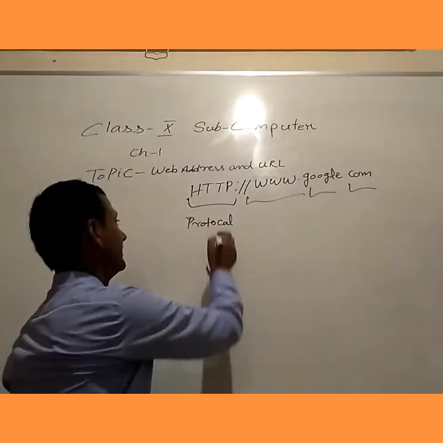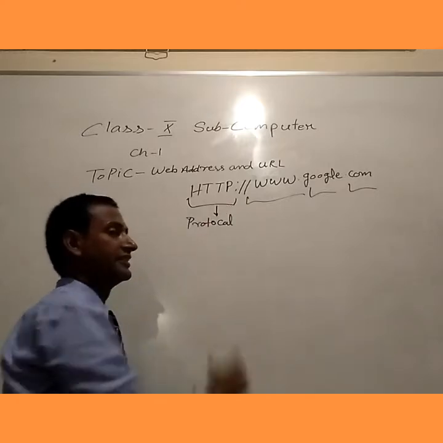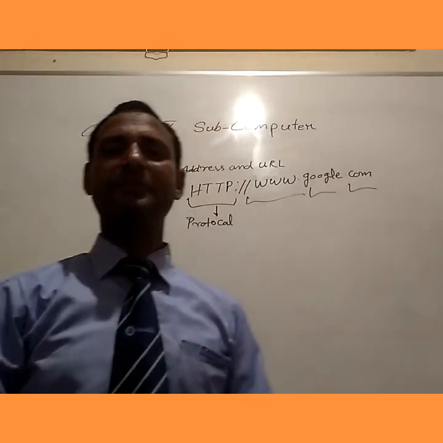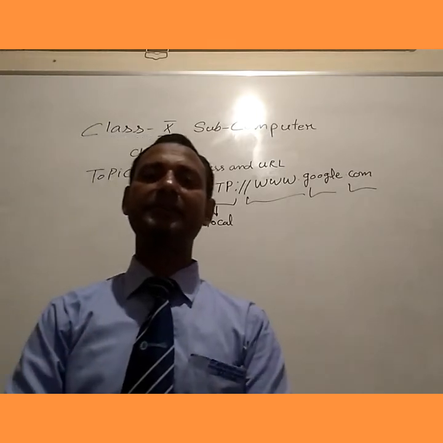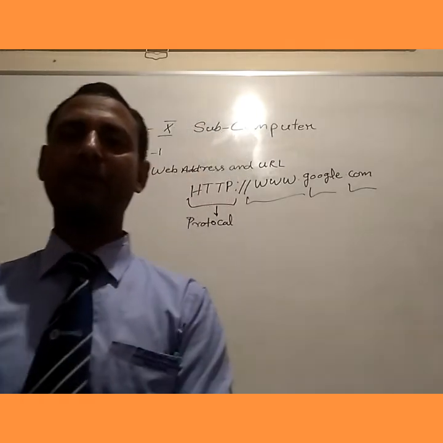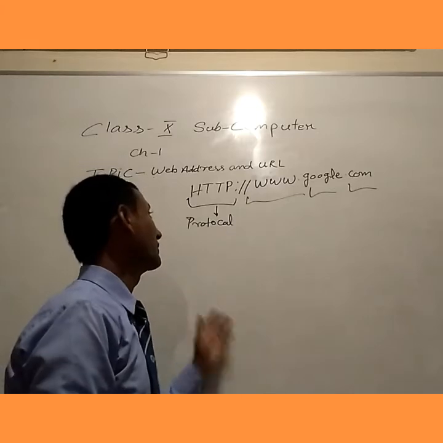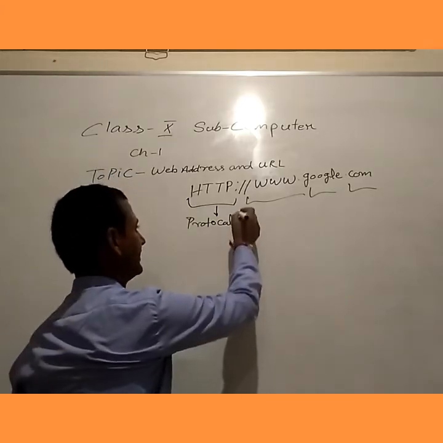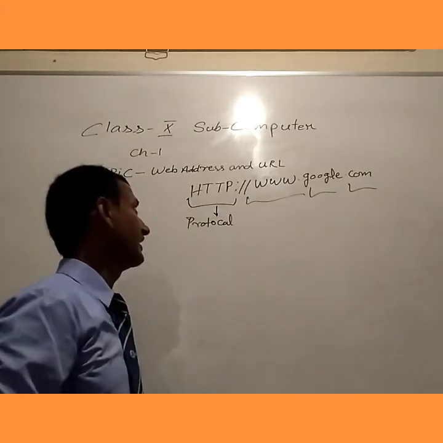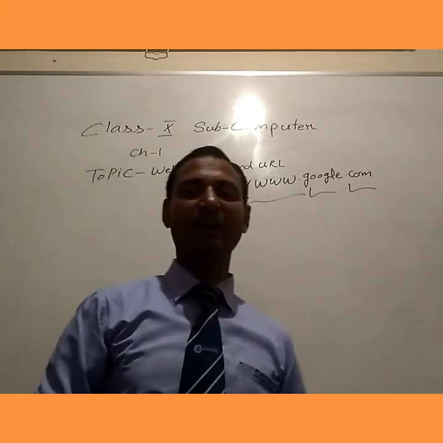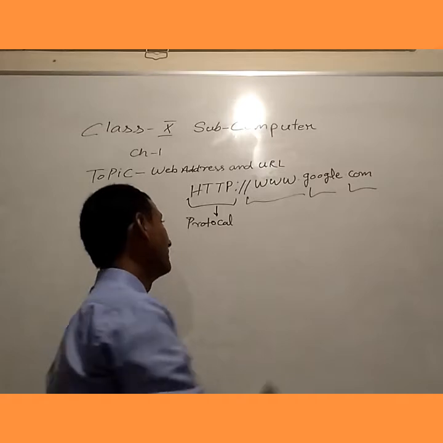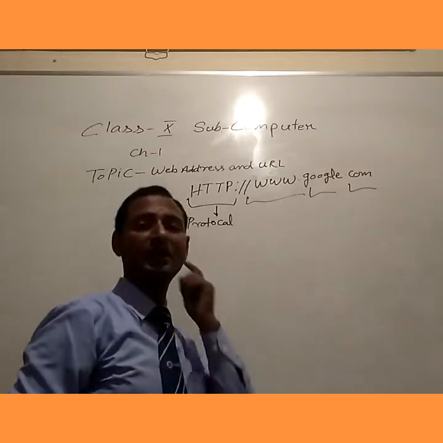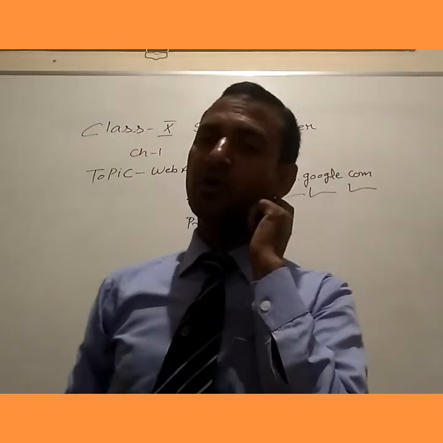Protocol identifies the server and accesses the web pages from the server, and it communicates between the user computer and the server computer. It is called a protocol. After that, colon, double slash, and www. www is also called a subdomain name.